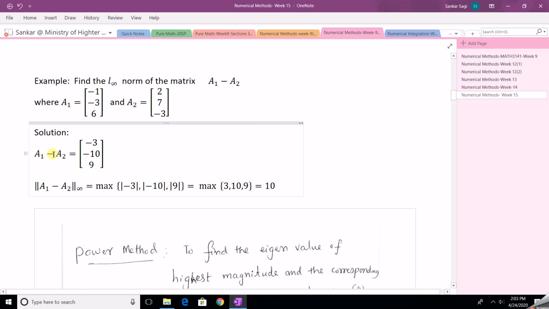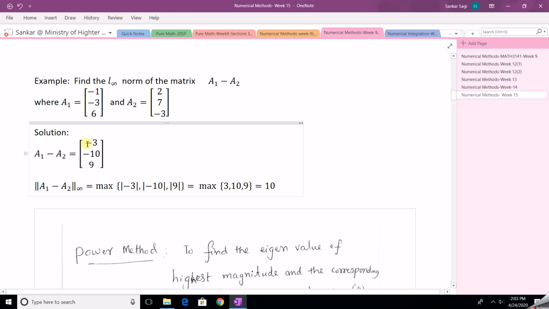First we find A1 minus A2 because we need the L infinity norm of this matrix A1 minus A2. So if we subtract these two, we will get this matrix: minus 3, minus 10 and 9. Thereafter the L infinity norm is nothing but the sum of the absolute values of each row and thereafter the maximum of them.